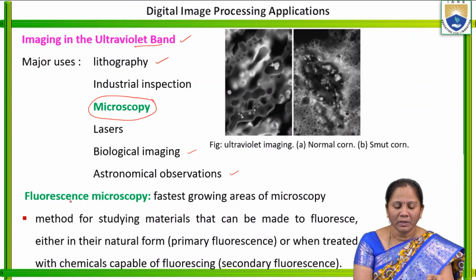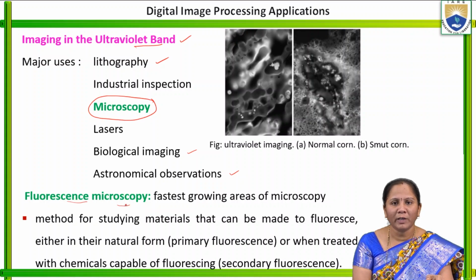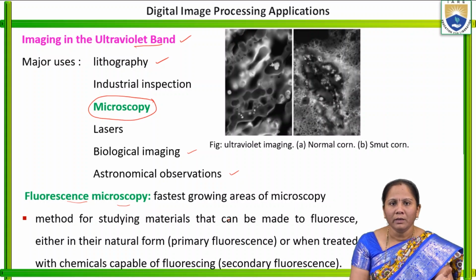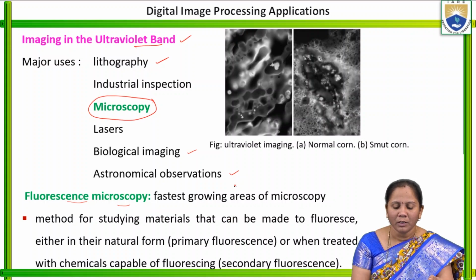For example, take fluorescence microscopy. It is the area where ultraviolet imaging will be applied. This is the fastest growing area of microscopy. How does this process happen?